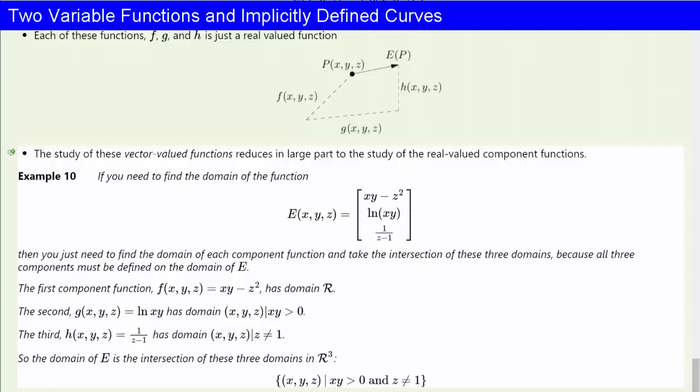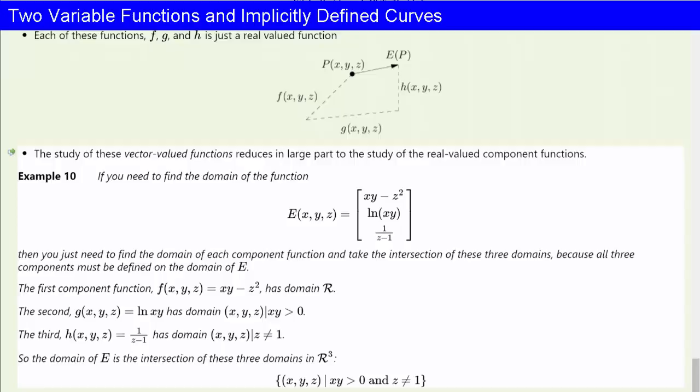For example, if you need to find the domain of the function E of x, y, z with x component xy minus z squared, y component log of the product xy, and z component 1 over z minus 1, then you just need to find the domain of each component function and take the intersection of these 3 domains, because all 3 components must be defined on the domain of E.